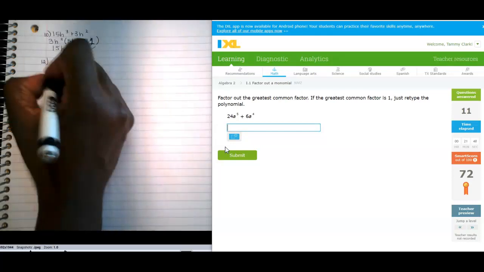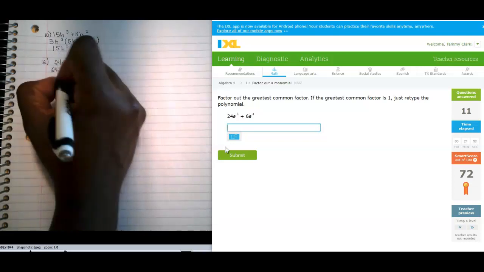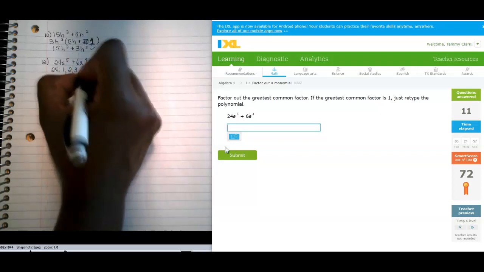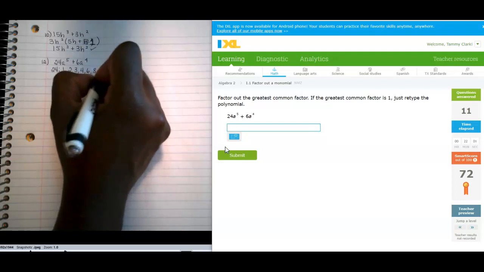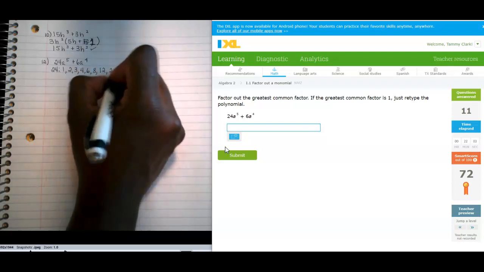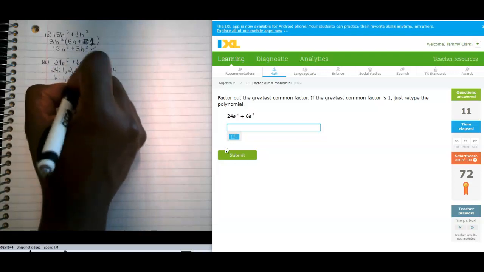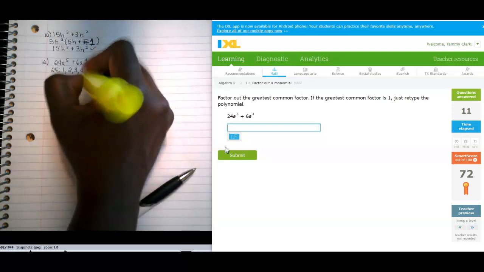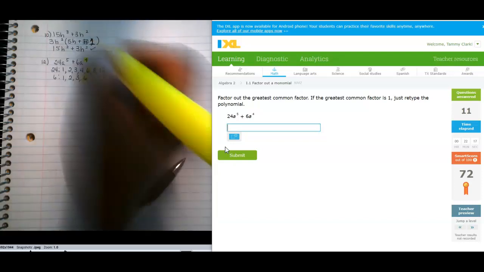So let me write that, because maybe you heard what I said, but it was like, what? 1, 2, 3, 4, 6, 8, 12, and 24. 6 is 1, 2, 3, and 6. So this time, our largest factor is going to be 6. And our smallest number of a's is going to be 4.